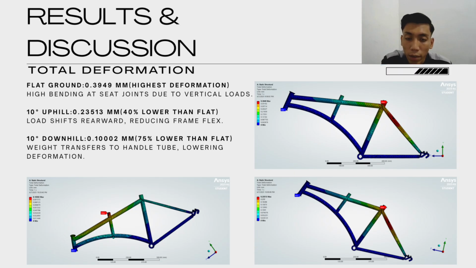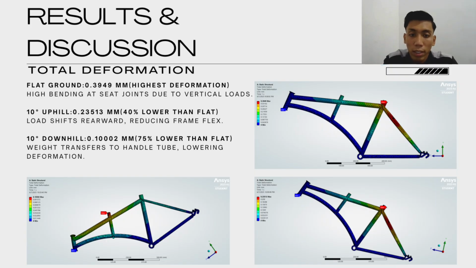The FEA results reveal that the bicycle frame experiences varying levels of deformation depending on the terrain. On flat ground, the deformation is the highest at 0.3949 mm, primarily due to vertical loads causing significant bending at the seat joints.